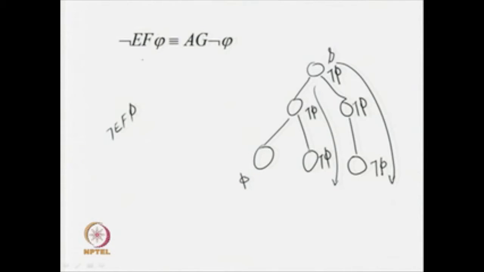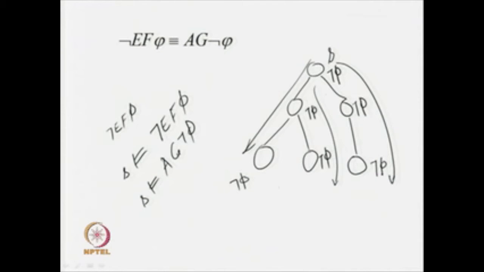To have this particular formula true over here, we should have not of phi over here. Then only we will say that in this particular path also we are not getting any state where in future phi is true. So, in this particular state I can say that not of E F phi is true, because there does not exist any state where in future phi is true. So, by looking into this particular model, we have found that again in this model A G not of phi holds, because not of phi is true in all the states.